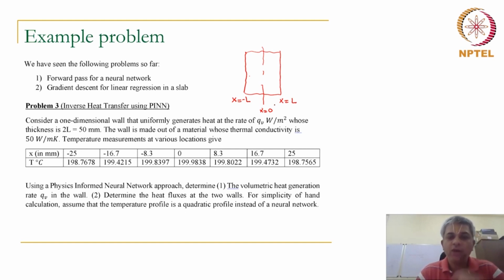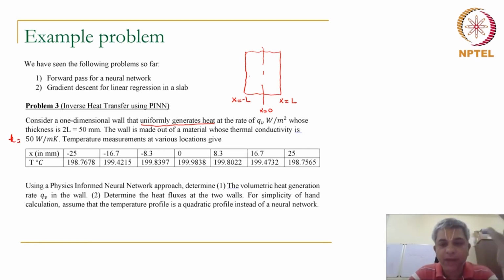And what I know is that there is uniform heat generation. Uniform means QV is a constant throughout the domain. So there is heat generation within the wall. Okay, and we know that the thermal conductivity is 50 watt per meter Kelvin. So K for the wall material is 50.